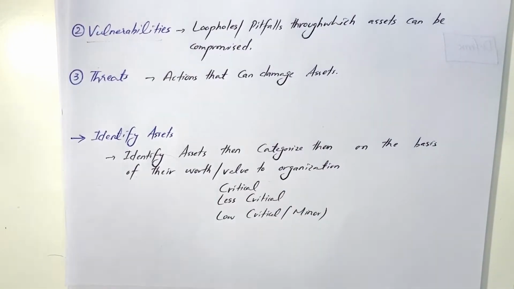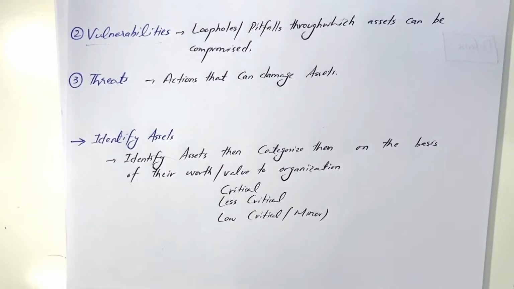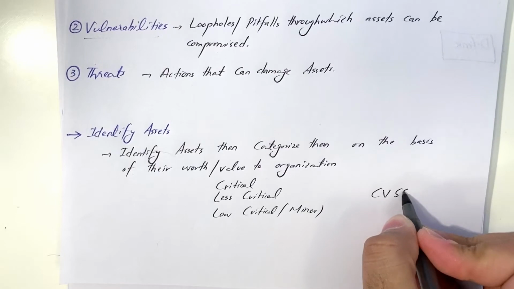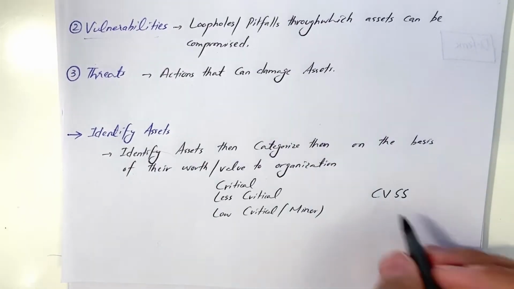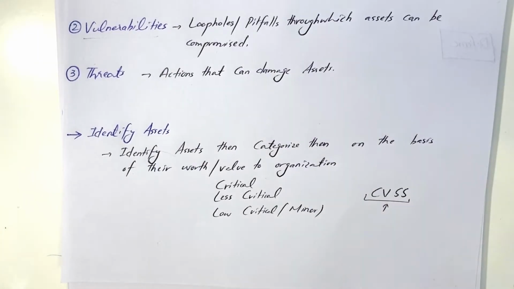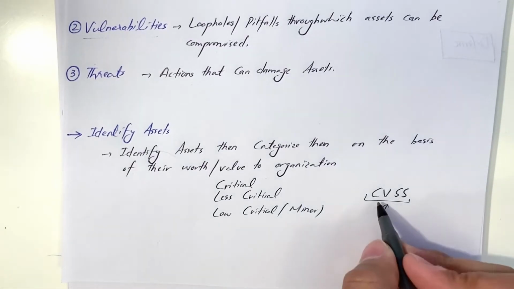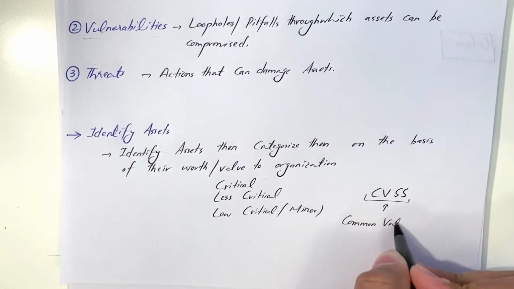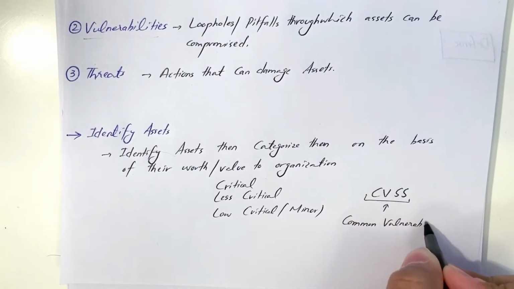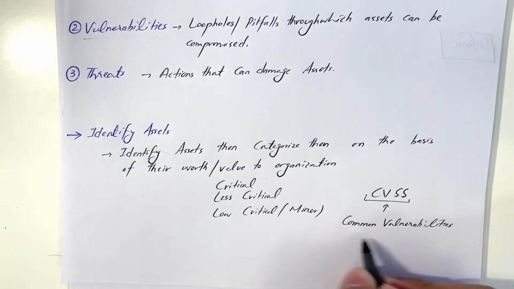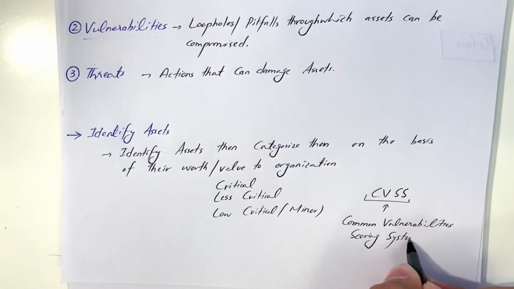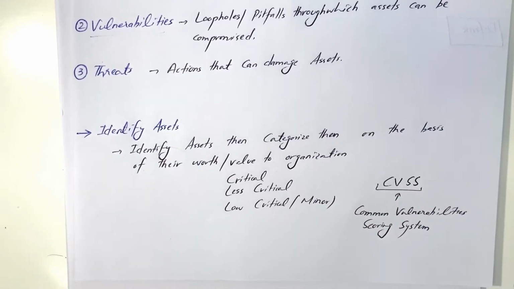Now here's a very important thing. It's an automated tool called CVSS, Common Vulnerability Scoring System. If you just Google it, it will ask you a few parameters of the organization, and then you can assign numbers. So CVSS stands for Common Vulnerability Scoring System, and you can basically quantify your vulnerabilities.